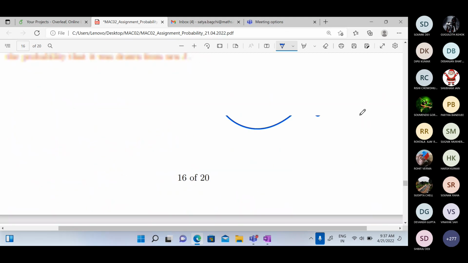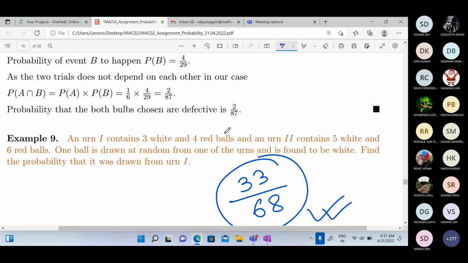In arm 1 there are a total of seven balls. Out of these 7, 3 balls are white. So the probability that a white ball will be chosen is 3 by 7. In arm 2, there are 11 balls, 5 plus 6. The total is 11, and out of this, 5 balls are white.